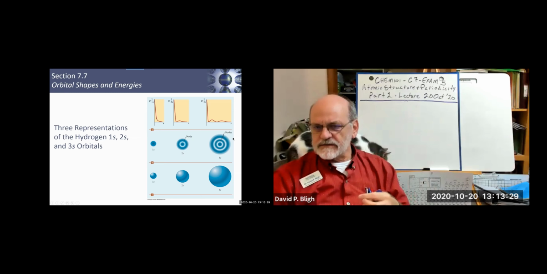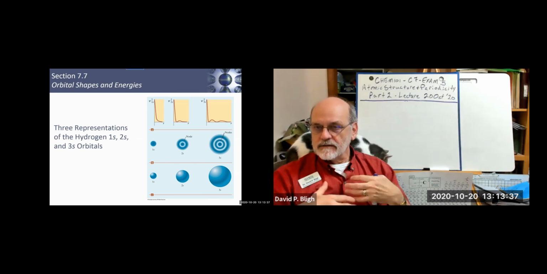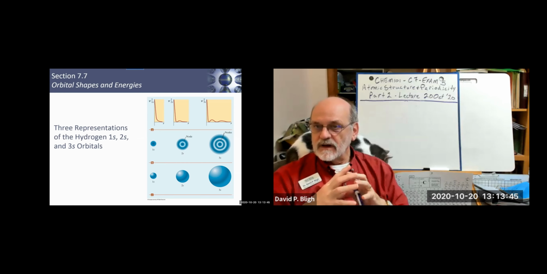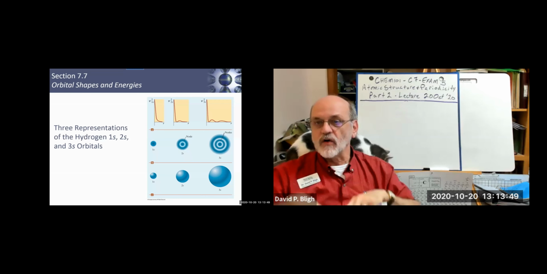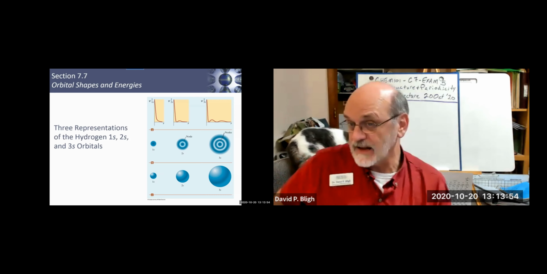Now, the solution to these wave equations is only valid if it's able to explain the structure of the atom and its chemical behavior. And thus far, the quantum mechanical model of the atom has been successfully used to explain a whole host of behaviors. That's why it's still valid.